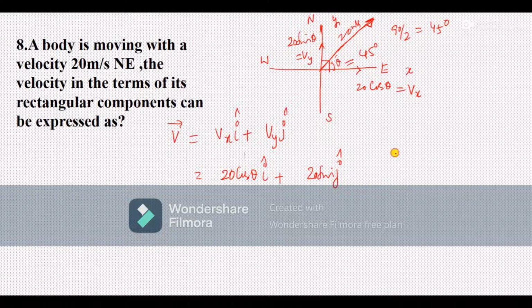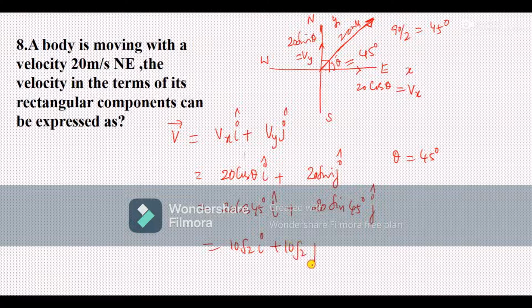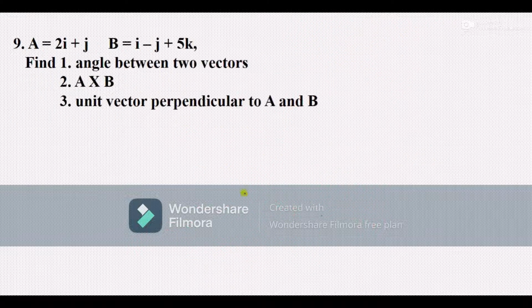So theta here is 45 degrees. We substitute theta equal to 45 and solve, and that turns out to be the problem solution. So this is how we separate a vector into its rectangular coordinates using angular form.